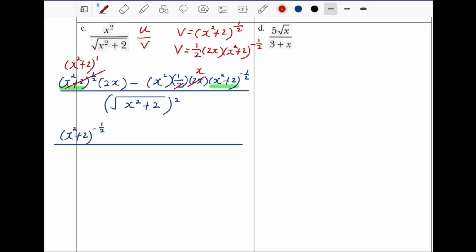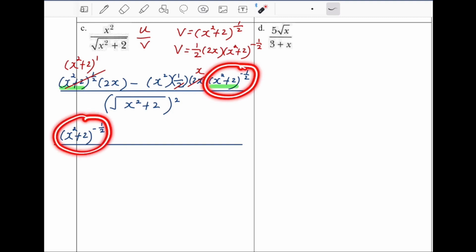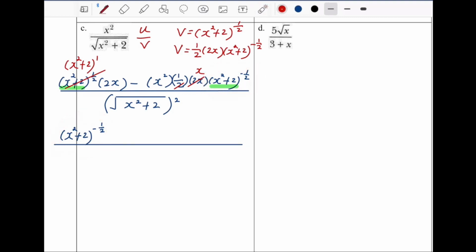Okay? This divided by this, same thing, divided by itself. Everything will be just 1. Okay? Any other common factor? X. So you cannot just cancel it off, but take it out. Okay?